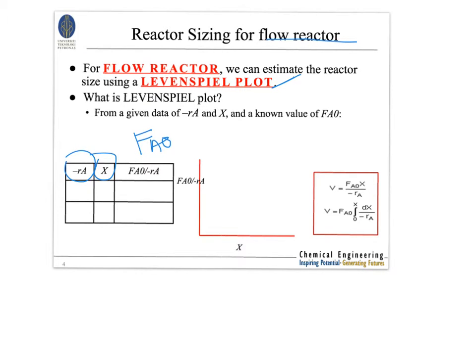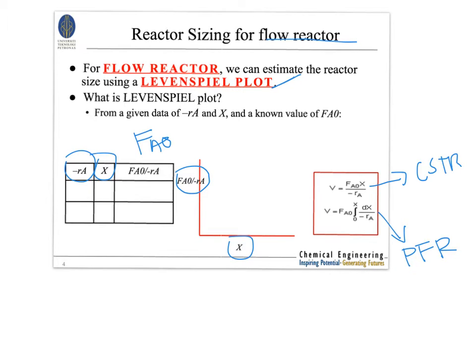So you will use the data to plot the graph of FA0 over minus RA versus X. Remember the design equation? This is for CSTR, and this is for PFR. So why do you have to plot the graph of FA0 over minus RA versus X?